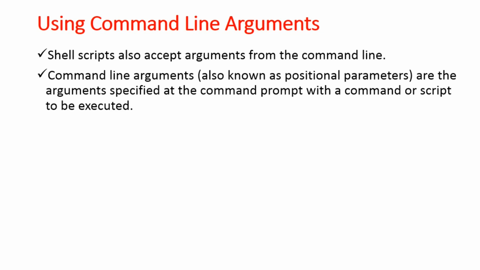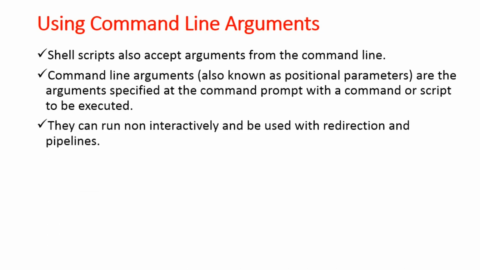Command line arguments are the arguments given at the command prompt with the command or script to be executed. We are giving those arguments along with the command or along with the script which is to be executed later. That is also called a positional parameter. The command line arguments are also called positional parameters.